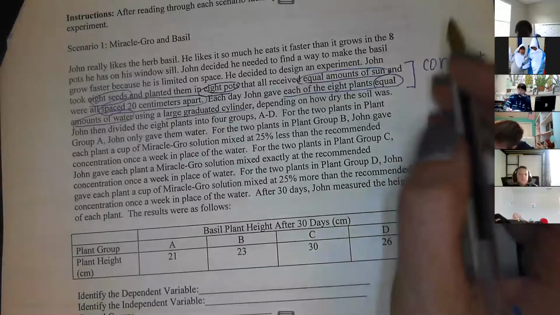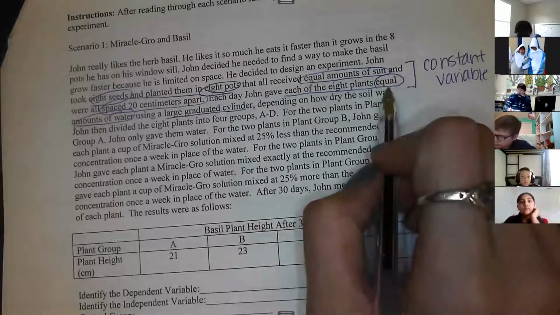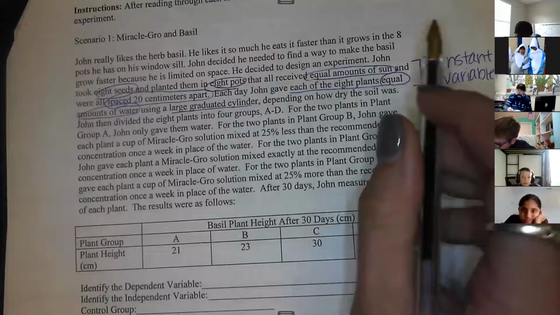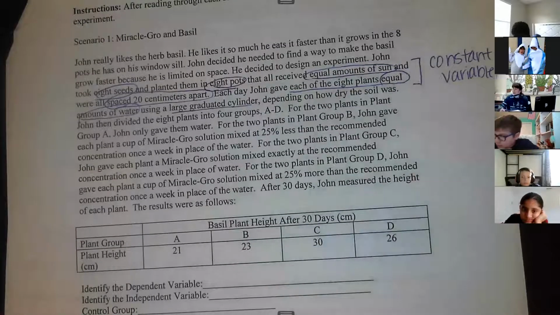Let's say that this guy, not only did he add fertilizer, but he also changed the amount of water he gave each plant. Well, how would I know if the fertilizer was the reason it grew more or if it wasn't the water, right?